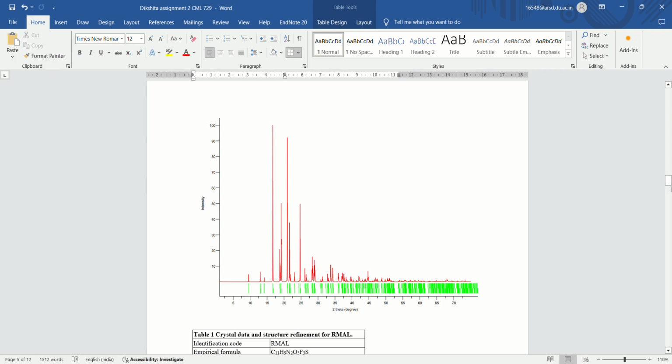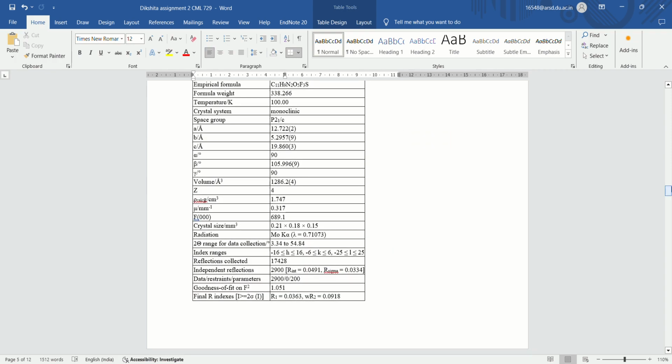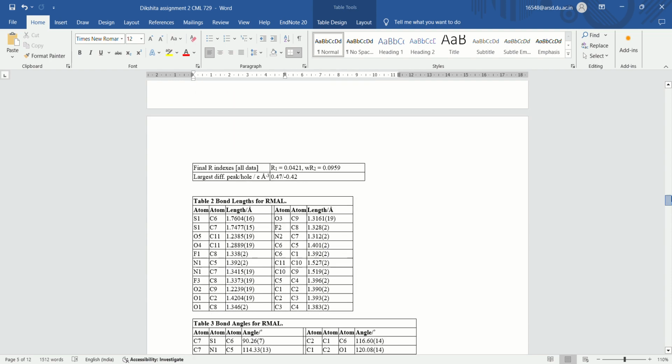In this way we can get this information for all the data sets, for all the structures.